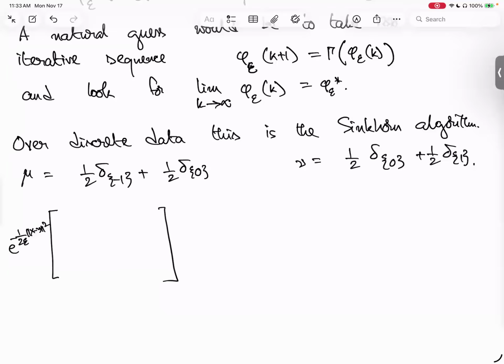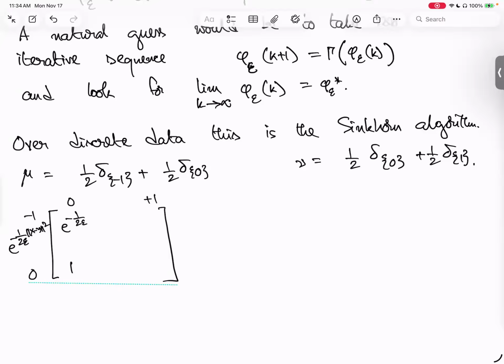So I have, let's say, -1, 0 and 0, +1. And so I compute the norm of x minus y squared. What do I get? In the first term, which is -1 and 0, I get e to the power -1/2 epsilon. Then when I have 0 and 0, I get 1.